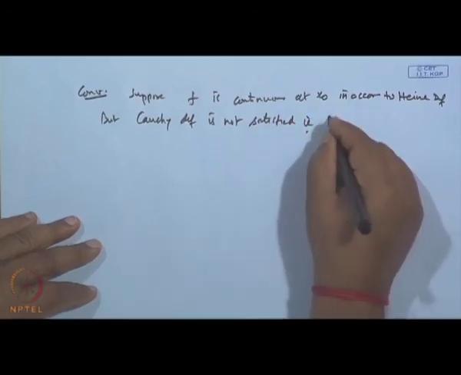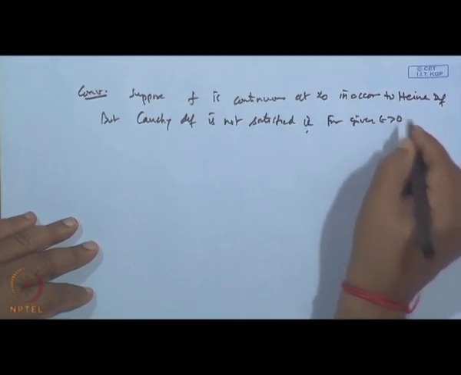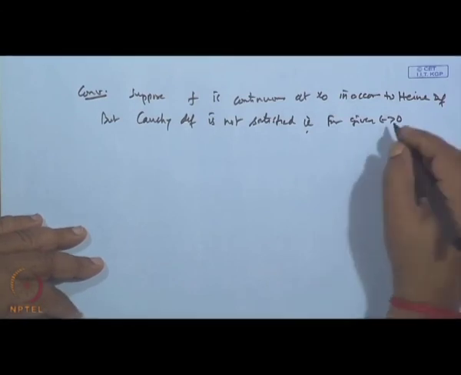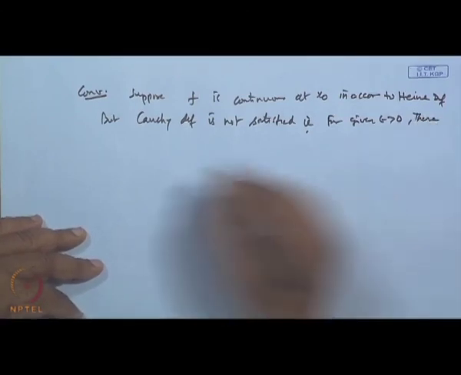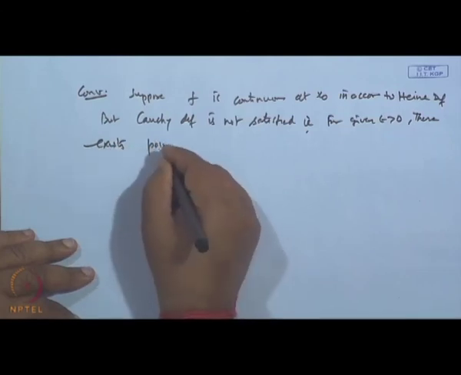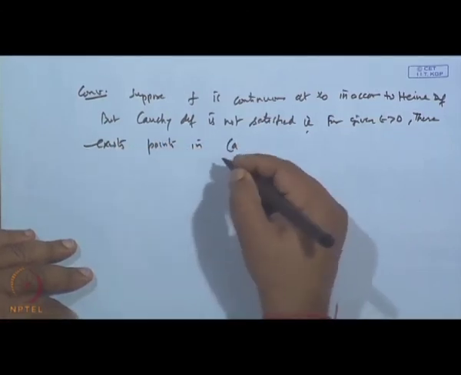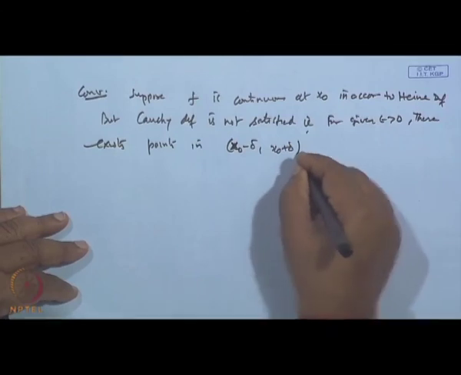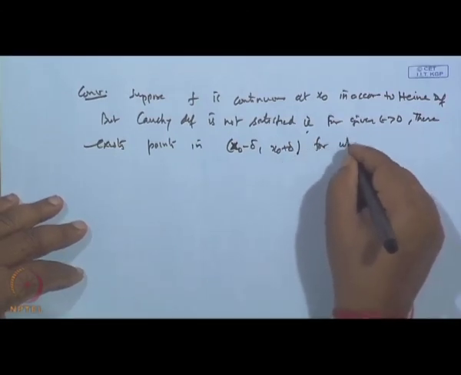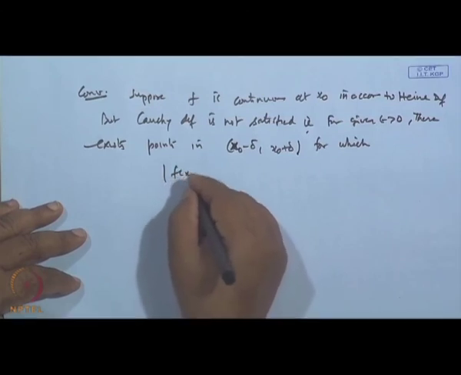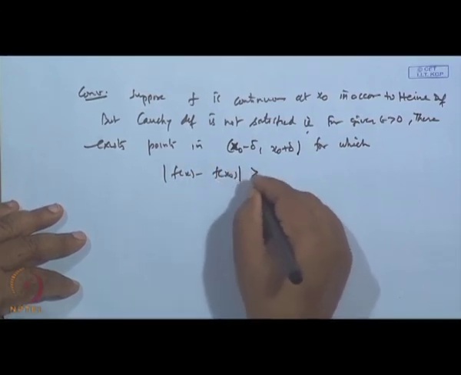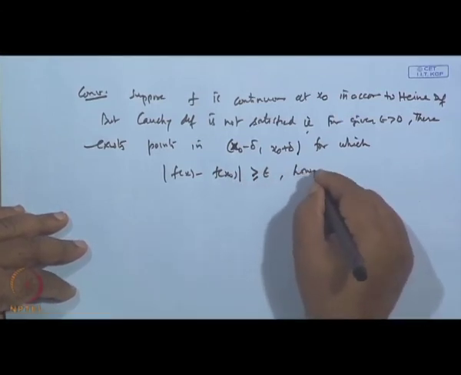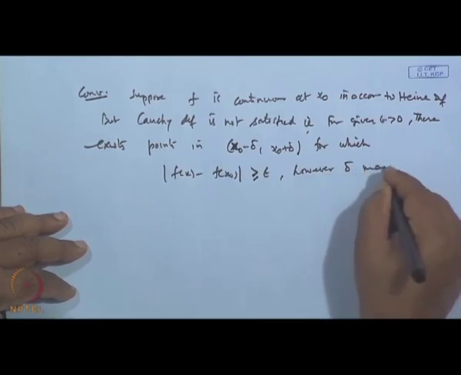That is, for a given epsilon greater than 0, there exist points in the interval x naught minus delta, x naught plus delta, for which the fluctuation mod of f(x) minus f(x naught) exceeds the given number epsilon, howsoever small delta may be.